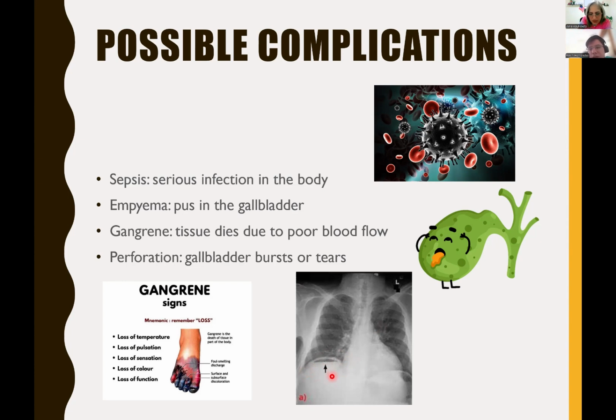That's correct. That means that there is air in there. Air is also a description for perforation because there's an organ that is perforating and also fluids and air in that part of the body.